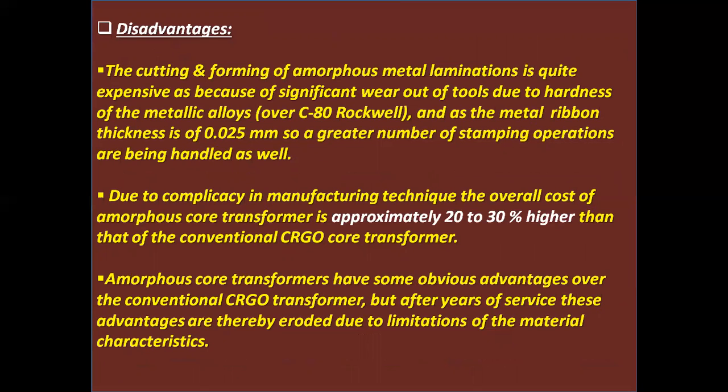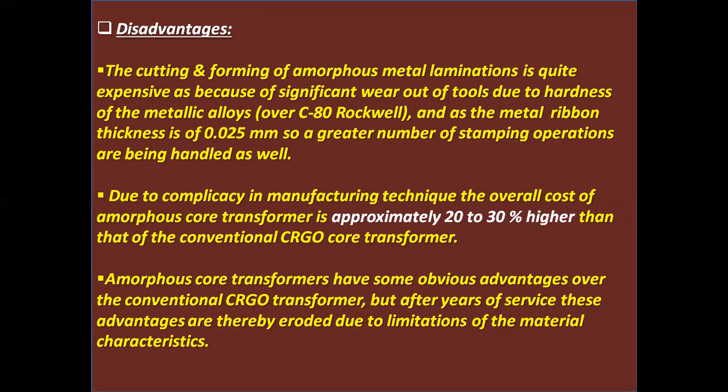Disadvantages. The cutting and forming of amorphous metal laminations is quite expensive because of significant wear out of tools due to the hardness of the metallic alloys, over C80 Rockwell.